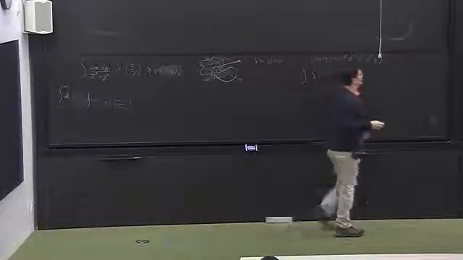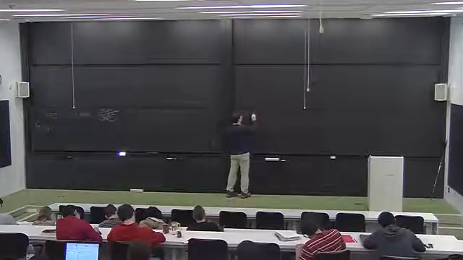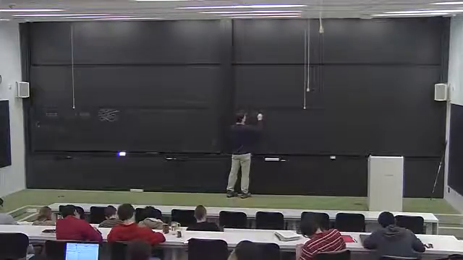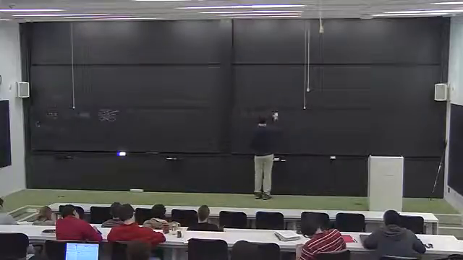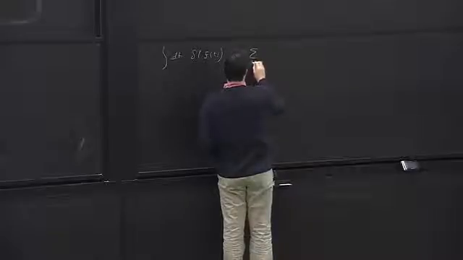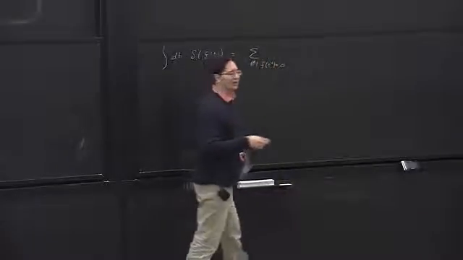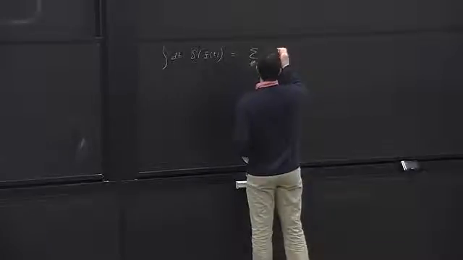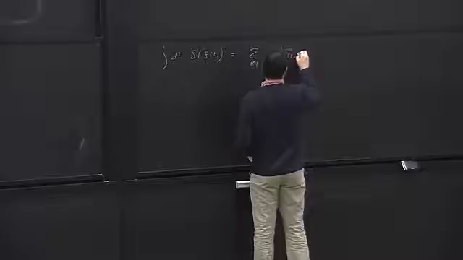Now, if you remember, when you have integrals like this, the result is a sum over all the points such that f of t star is 0, of 1 over the absolute value of f prime of t star.